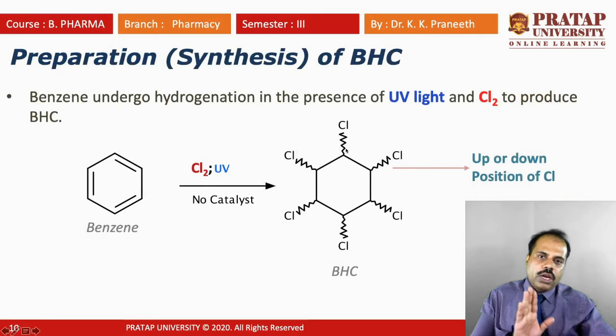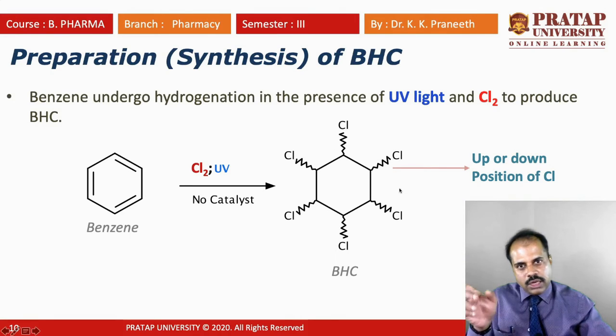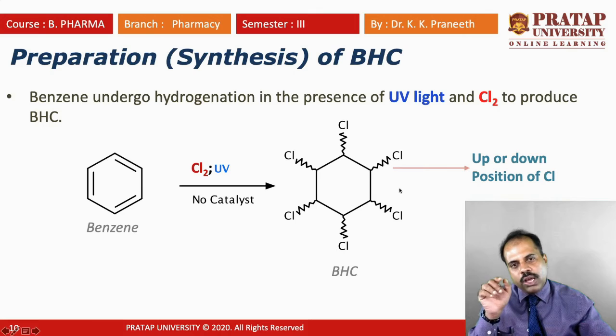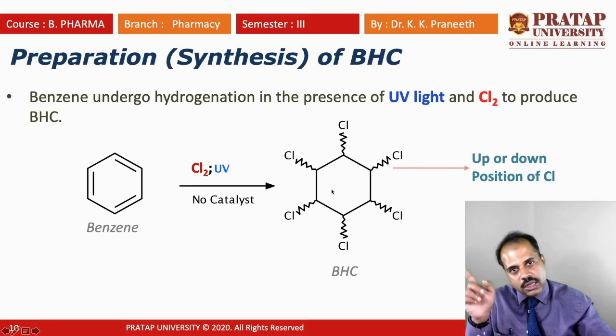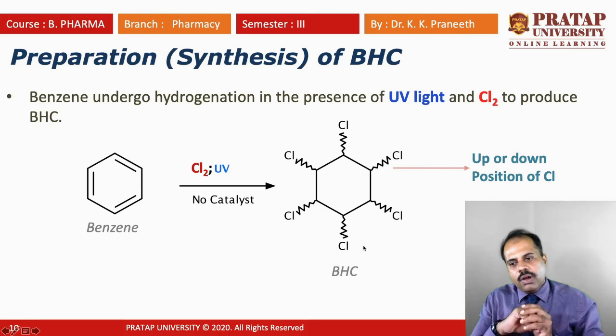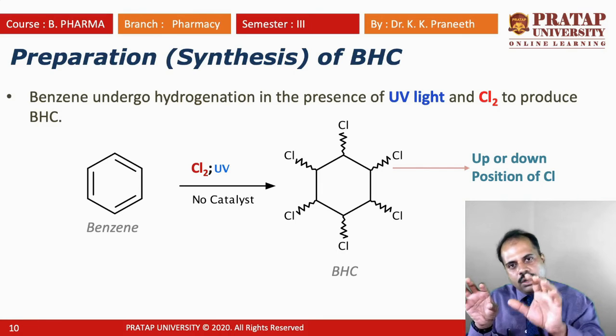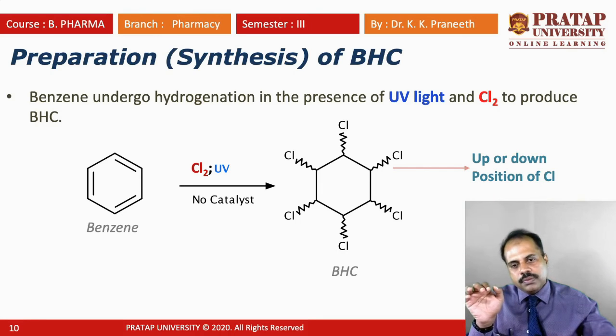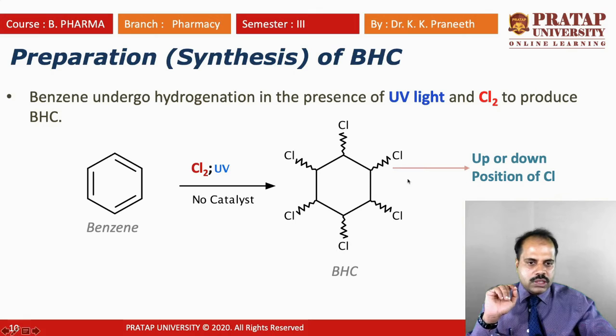Some chlorines are up, some chlorines down. There is no specific stereochemistry, but you can get the 4 chlorines up, 2 down by further processing. But anyway, I would like to mention here that BHC can be prepared by treating benzene with chlorine and UV light without any catalyst necessary to give this product.